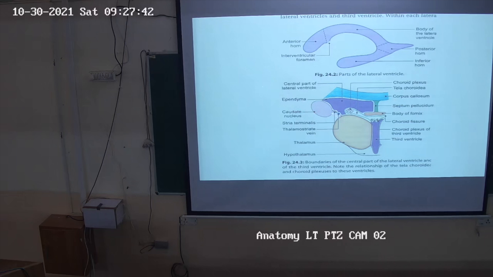Between these two you are seeing two structures, the thalamostriate vein and the stria terminalis. So all these structures, the superior surface of the thalamus, the thalamostriate vein, the stria terminalis and the head of the caudate nucleus, are forming its floor. No problem?